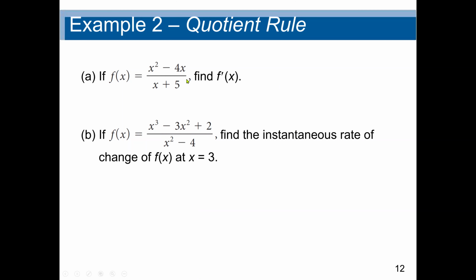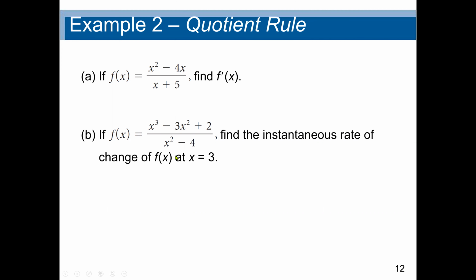But if I'm going to find the derivative of a function and it's a quotient, and the denominator can cancel the numerator to reduce it, I will do that first before I find the derivative. But when we look at this question now, the only option we have is to use the quotient rule. x squared minus 4x divided by x plus 5. We cannot cancel anything, so we have to use the quotient rule.